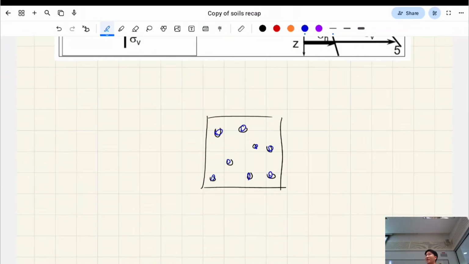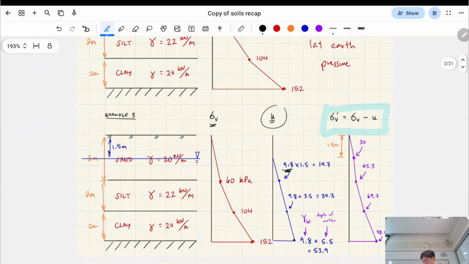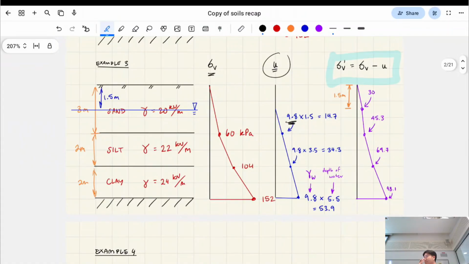For example, the soil could be getting squashed, and then the pressure within the pores increases. So that's pore water pressure. But in hydrostatic conditions, which means the water's not moving, it's 9.8.